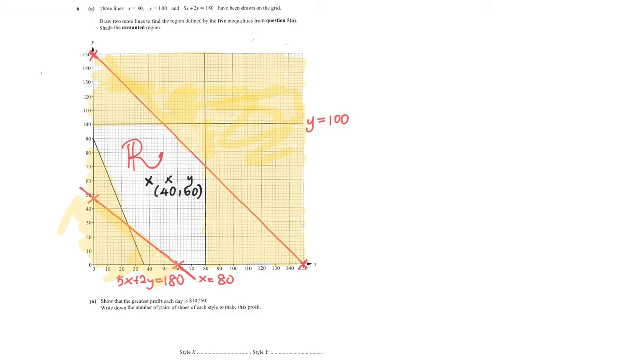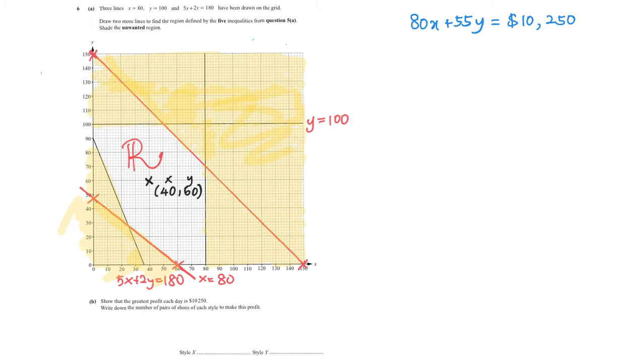So I'm going to move it here, 80x plus 55y, and we have to show that the greatest profit is 10,250, and we are looking for x and y values. So here we have a region that satisfies all the rules: number of shoes, the machine time.